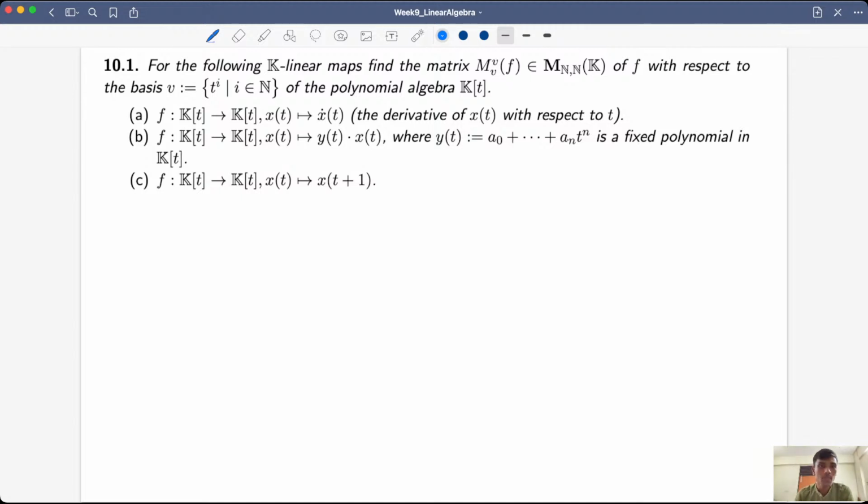Again, for the first one, the map takes a polynomial x(t) to the derivative of that polynomial. In general, a polynomial of degree n has the standard form a0 plus a1 t plus a2 t square and so on up to an t power n.